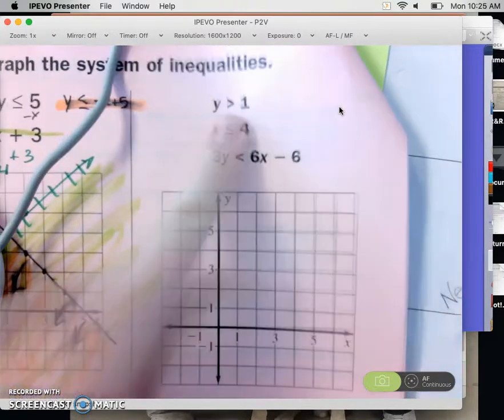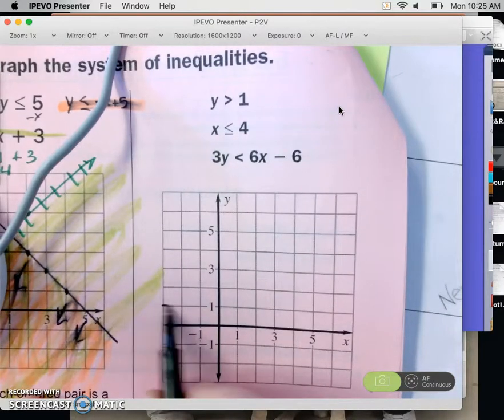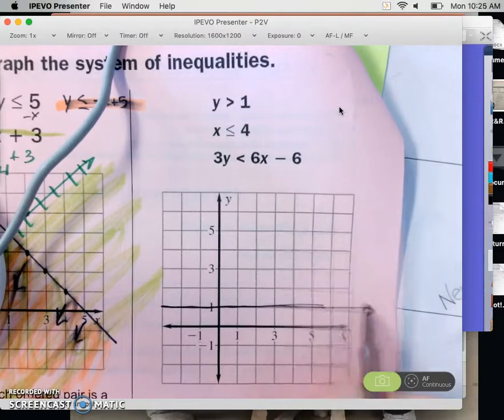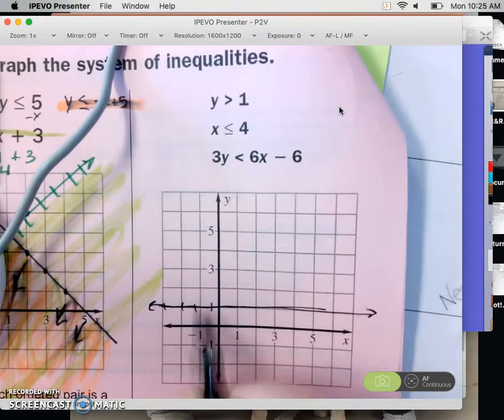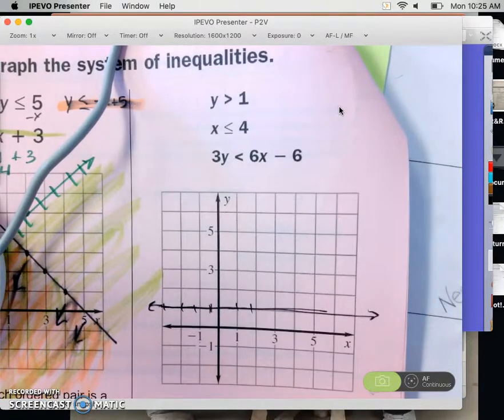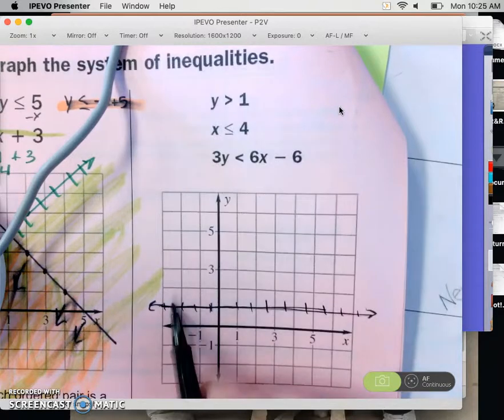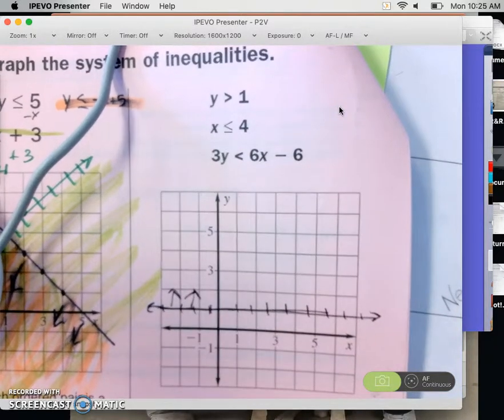So y is greater than 1. So dashed line. So I should be using pencil so I can dash that line. And then it's anything greater than, so it's going to be up.